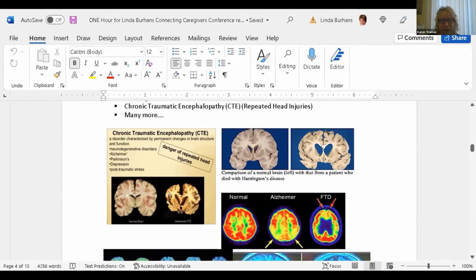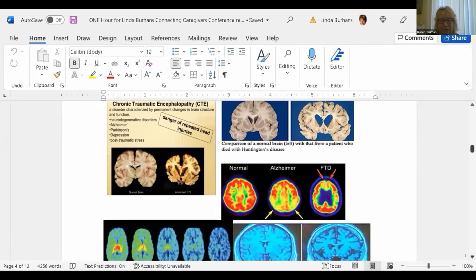A lot of them, and somebody that's had a lot of head injuries, the boxers, we think of Muhammad Ali, we think of all the football players that have committed suicide because of this. They have that post-traumatic stress disorder. But look at how shrunken this brain is. That's advanced CTE. That is really a big deal.